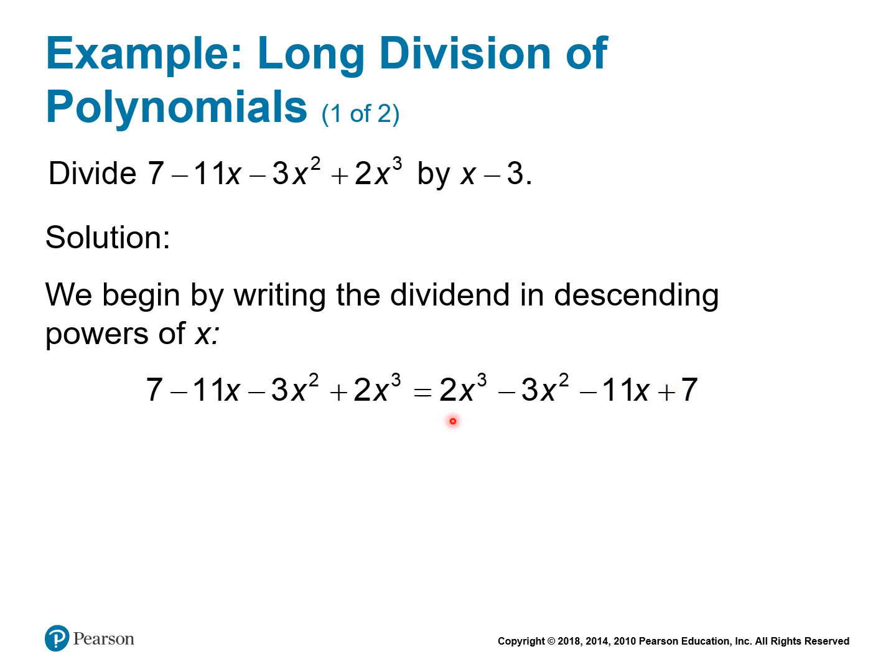Now we have arranged it in descending order of the exponents 3, 2, 1, 0. And keep in mind, if any exponent is missing in the polynomial, you have to show it by putting a 0 as the coefficient of that term.